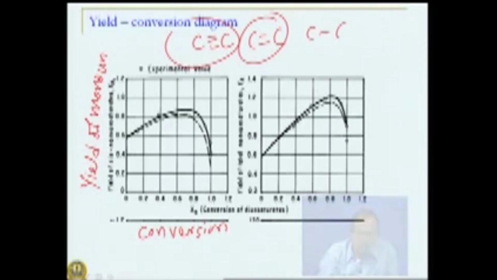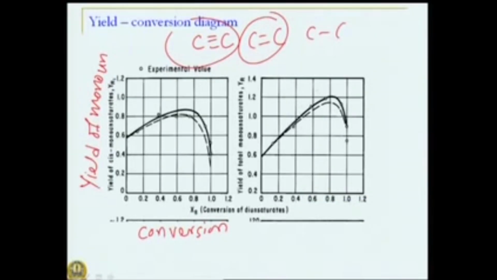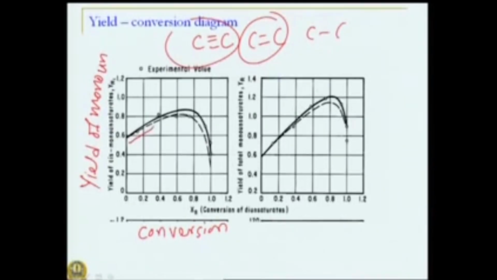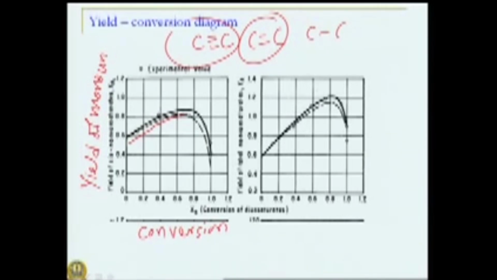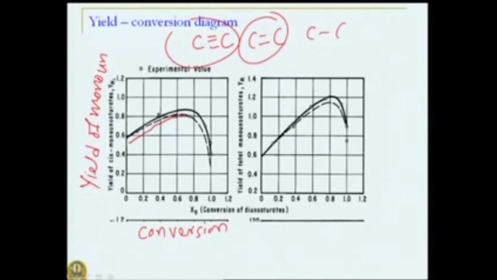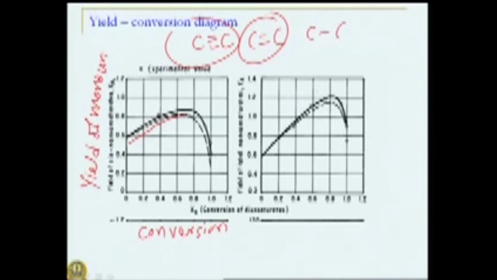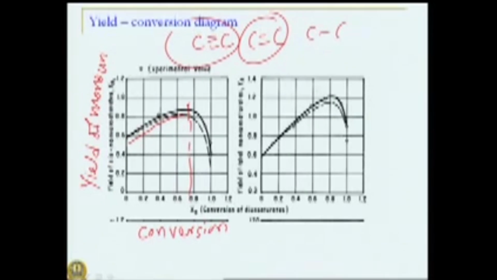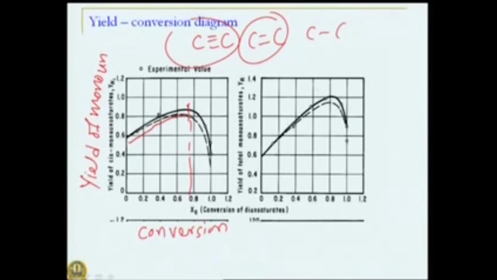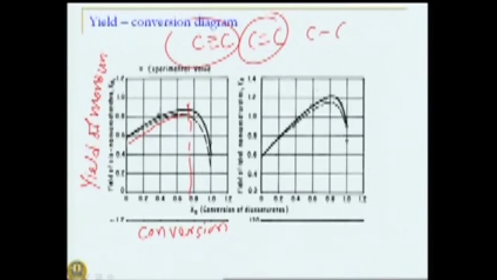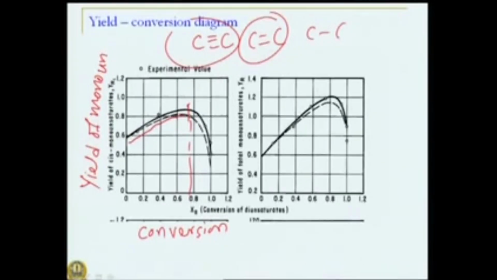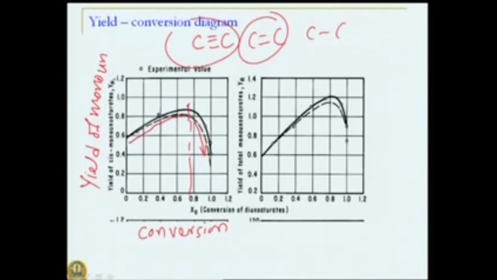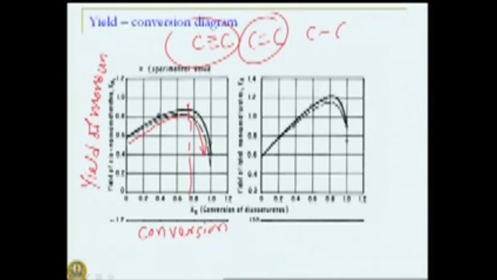What we see here is that as we increase the conversion, the yield of monounsaturates increases, but that is true only for conversions up to 78 to 80%. Any conversion of unsaturates beyond this 78 to 80% actually reduces the yield of monounsaturates.